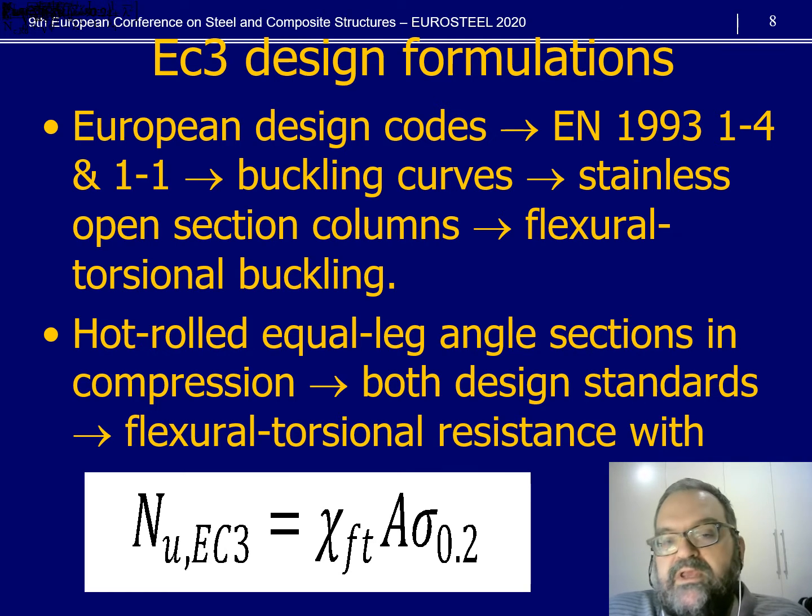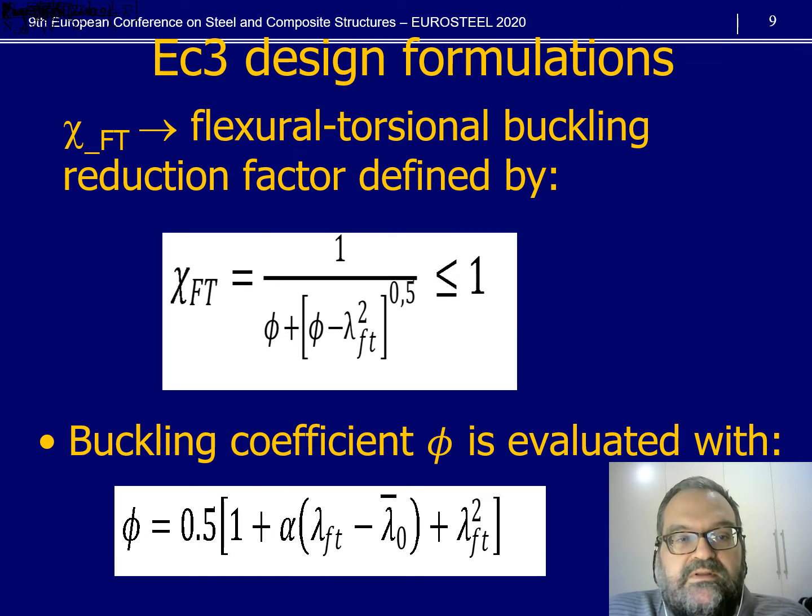The hot-rolled equal leg angle sections in both design standards involve the flexural-torsional resistance with these equations. In this equation, the term KFT is the flexural-torsional buckling reduction factor defined by this equation with the buckling coefficient phi evaluated with this formula.